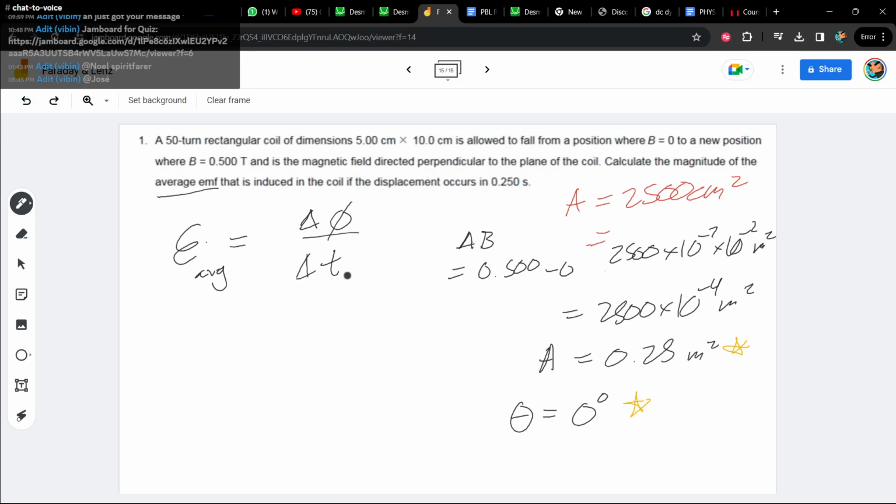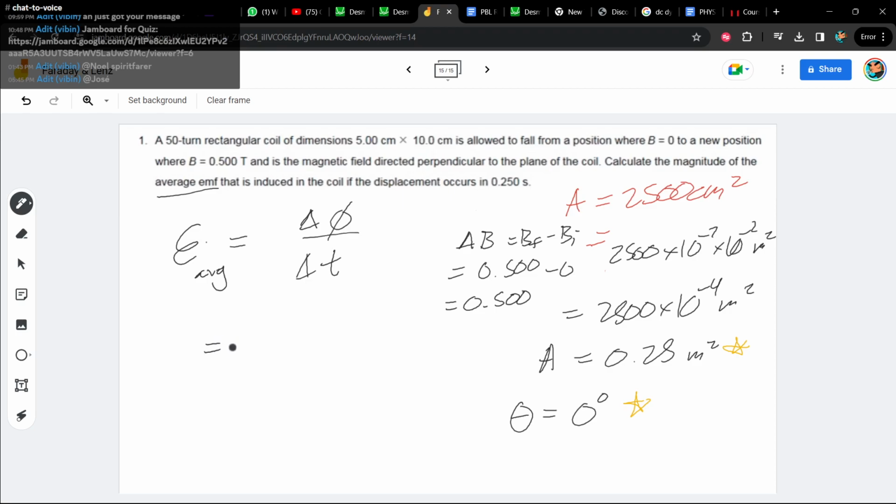That gives 0.5. It's an important nuance that this is delta B. In this case it's fine because the original was 0, but sometimes it might be a bit different. Just remember it's delta B because we're talking about the change in flux, delta phi, which has to come from a delta B, final minus initial.